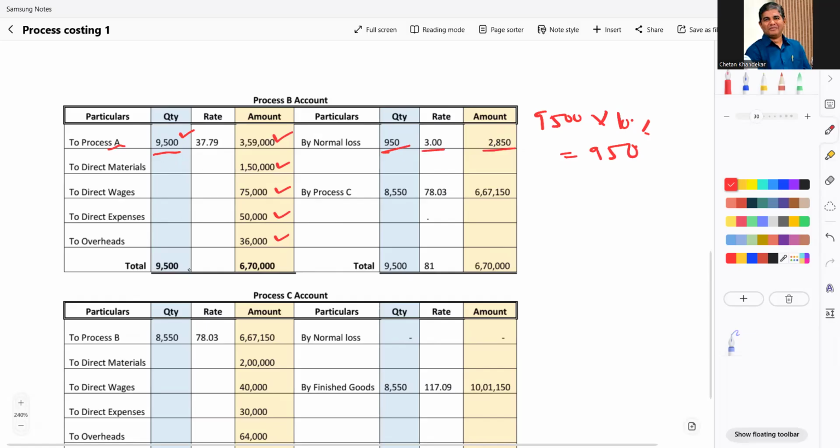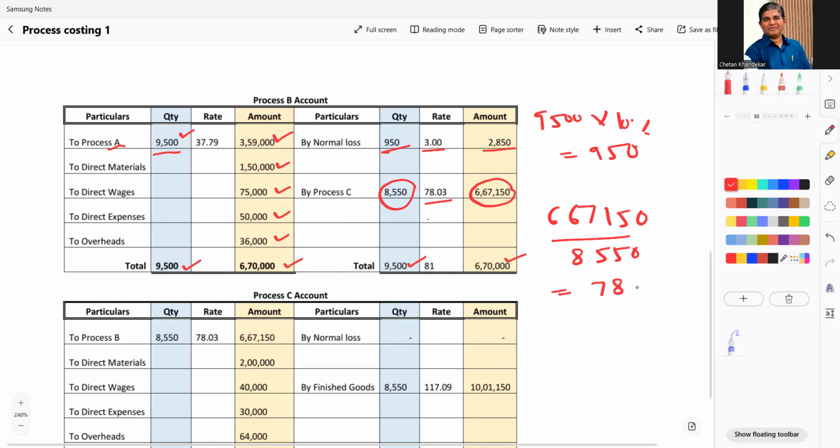And after taking the total of quantity column and amount column, we will get total quantity and total amount. The balancing figure transferred to process C comes to 8,550 units and the amount comes to 6,67,150. In order to calculate the rate per unit, just divide 6,67,150 by 8,550.